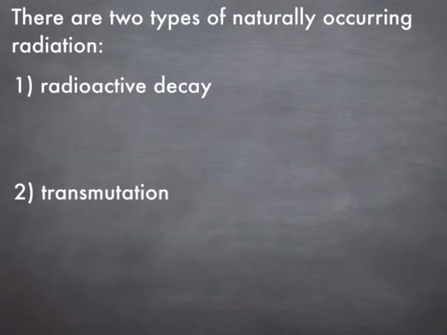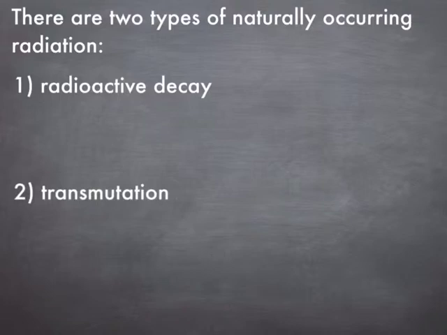It's important to note that there are two types of naturally occurring radiation. Or, if you prefer, there are two types of naturally occurring nuclear reactions. The first type is called radioactive decay. In radioactive decay, an unstable nucleus emits particles or electromagnetic radiation spontaneously so that they can become more stable.